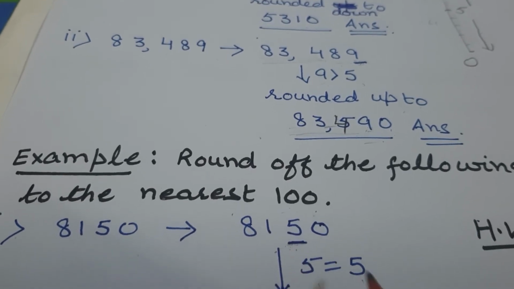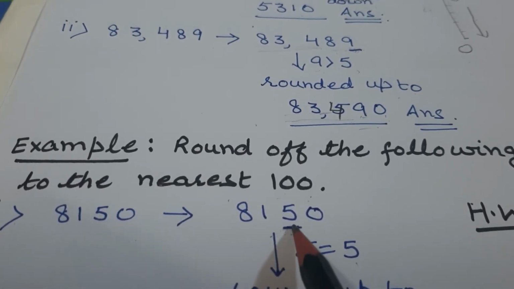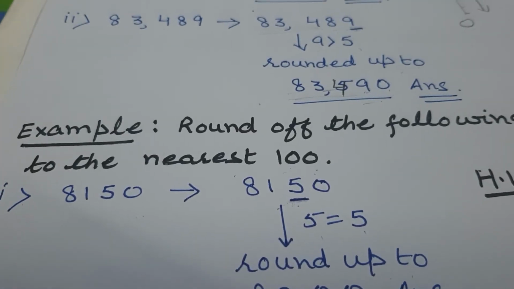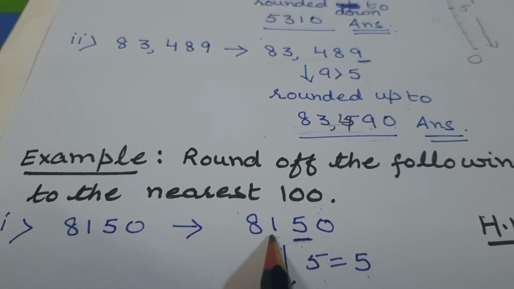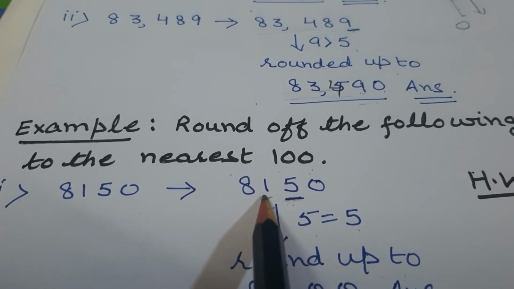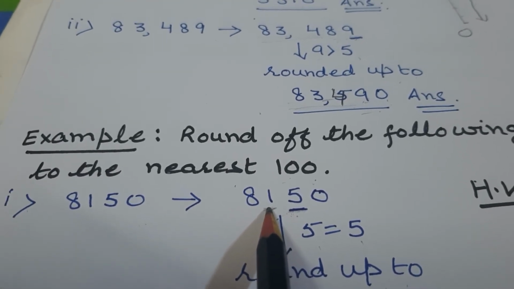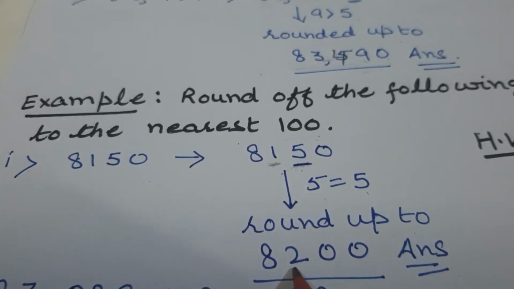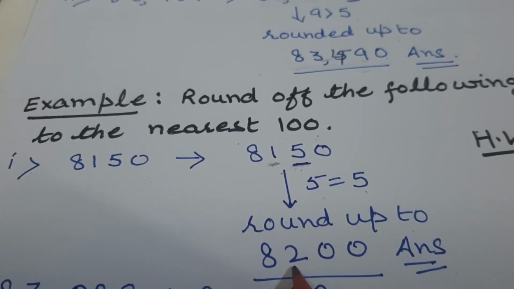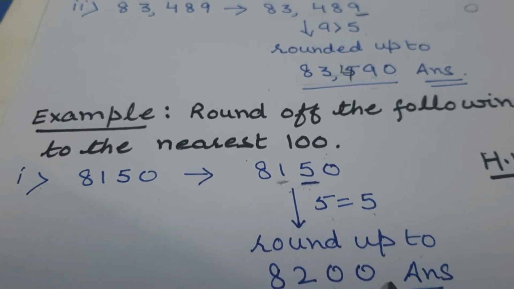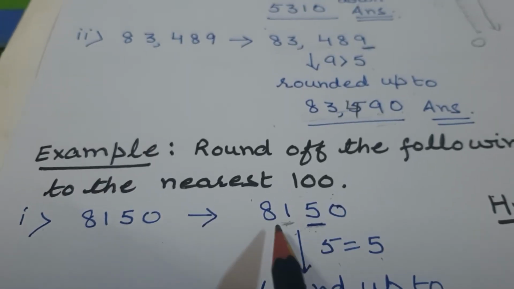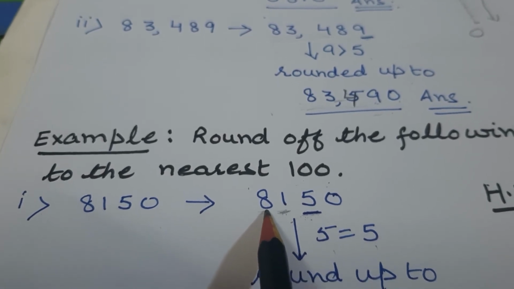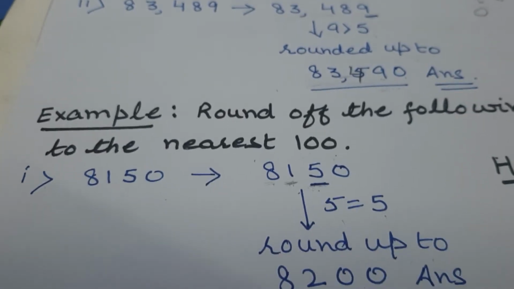Now it means this 5 will become 0 and this 100 place will be raised by 1 digit. Okay. So this one will become 2. Before 100, if any digit is there, that will be written same.